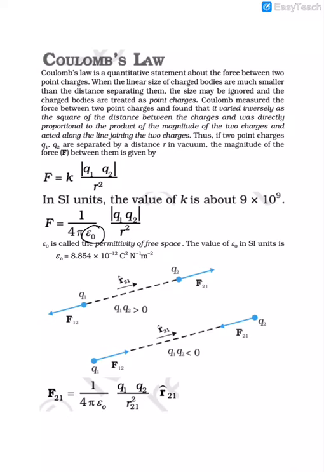So as of now, we are going to restrict our discussion to vacuum. So this epsilon naught, again in SI system, has a value which is 8.854 into 10 to the power minus 12, and you can see the unit coulomb square per Newton per meter square. So this is the value and the unit of epsilon naught.